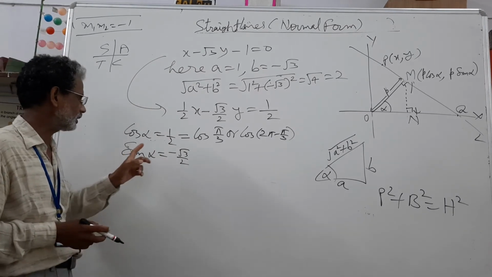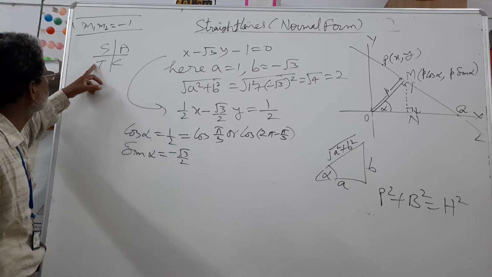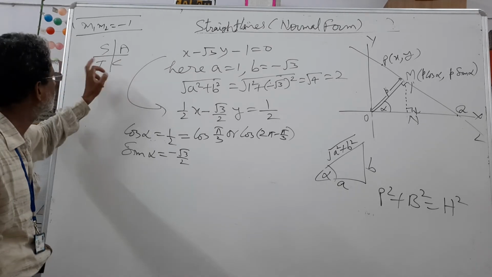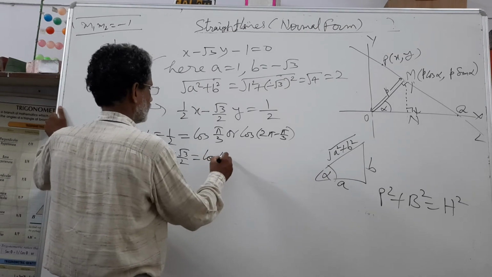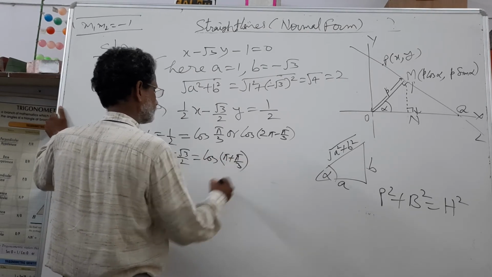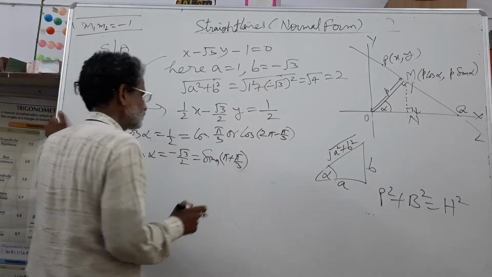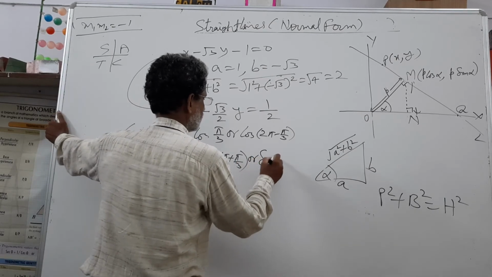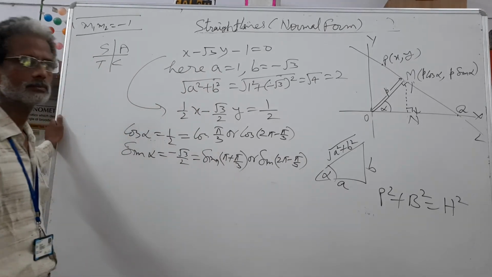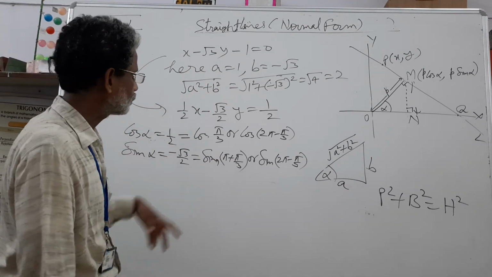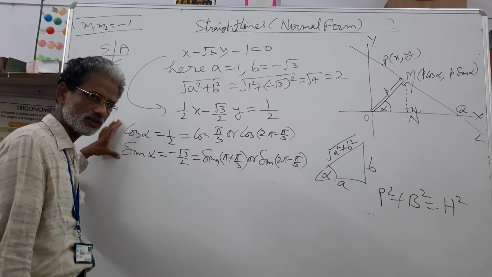And sin alpha is equal to minus root 3 by 2, meaning sin is negative in third or fourth. It becomes sin of pi plus pi by 3 or sin of 2 pi minus pi by 3. Now 2 pi minus pi by 3 occurs in both equations.